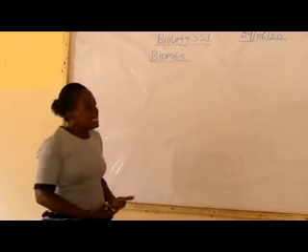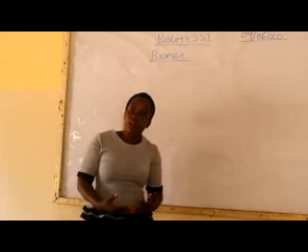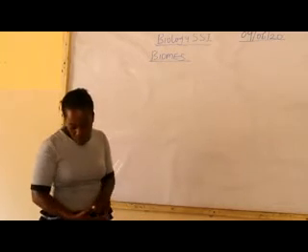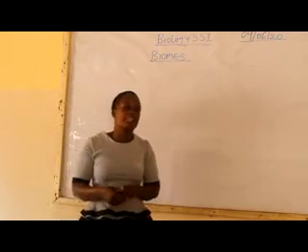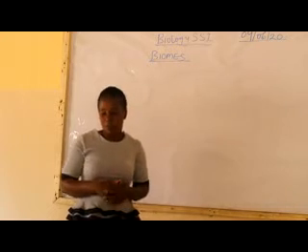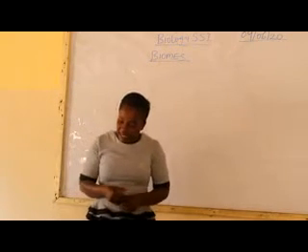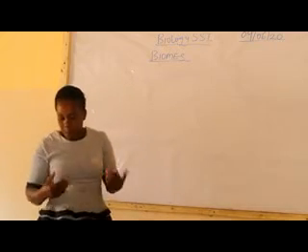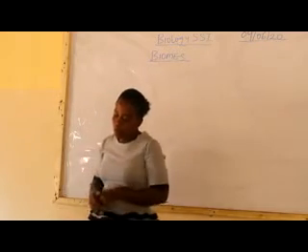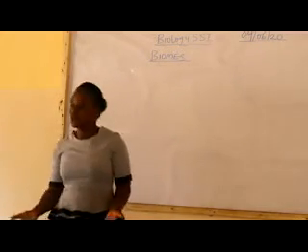And we say that the living part of the ecosystem is called the biotic component. Biotic component, the living part. And this biotic component may include populations of food producers.